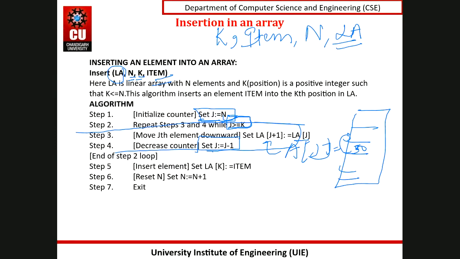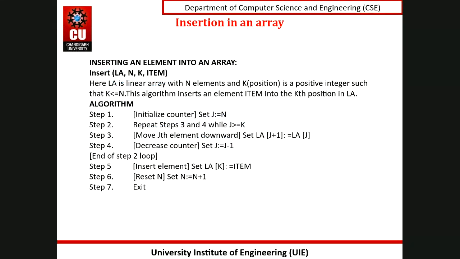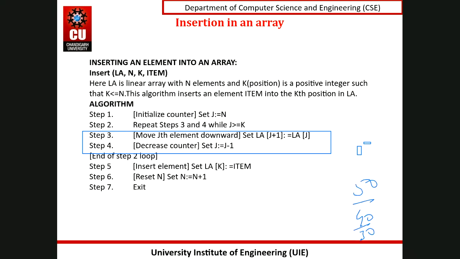Let me just erase it. See, what we are repeating are these steps. So these are the two steps that we are repeating. Every time, 50, 40, 30, 20 and so on, this moves upward, the index becomes over here.